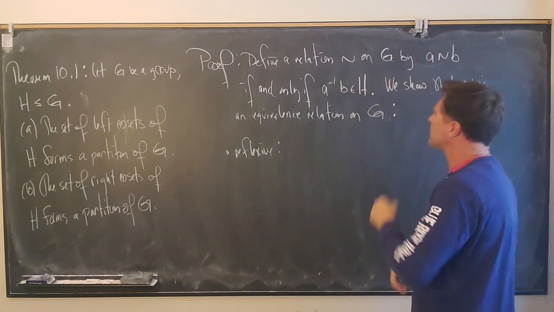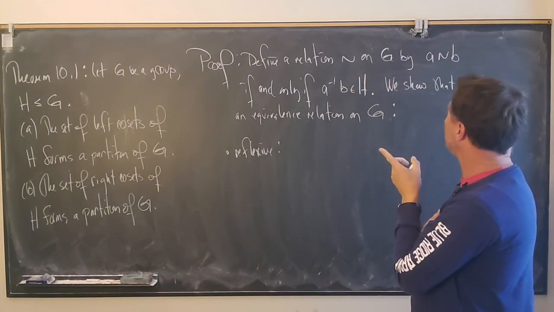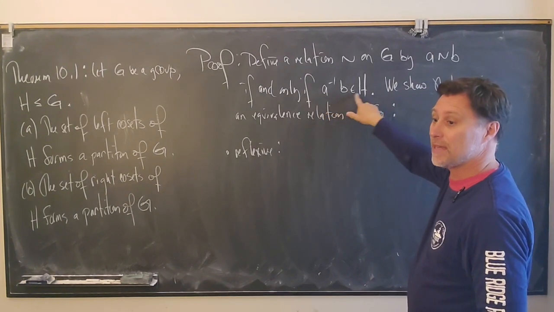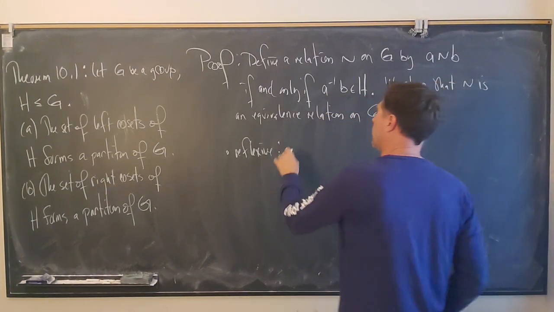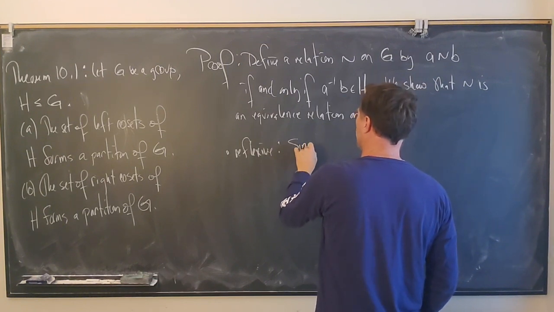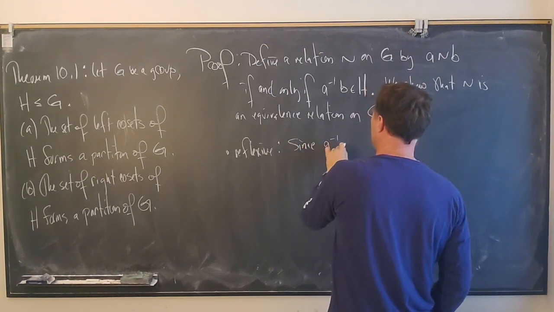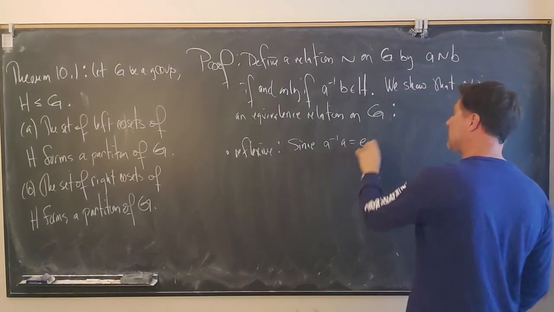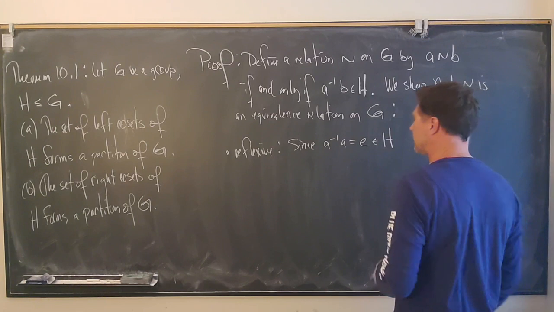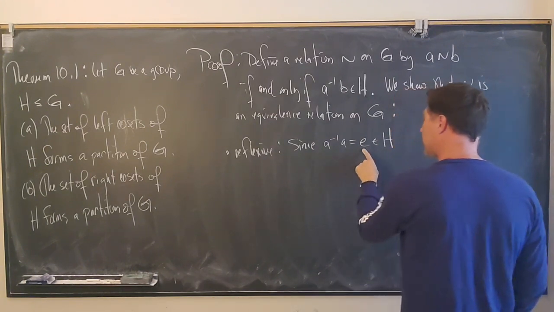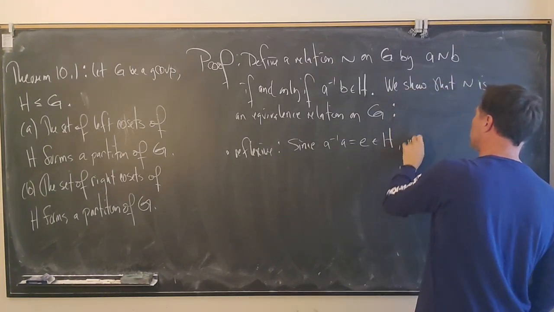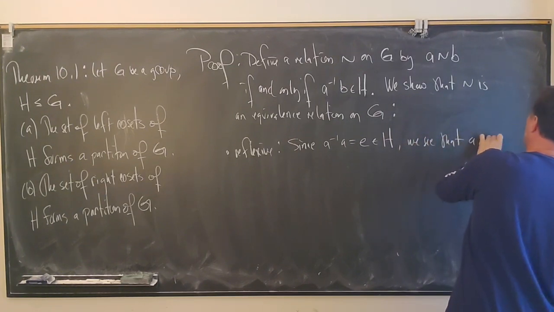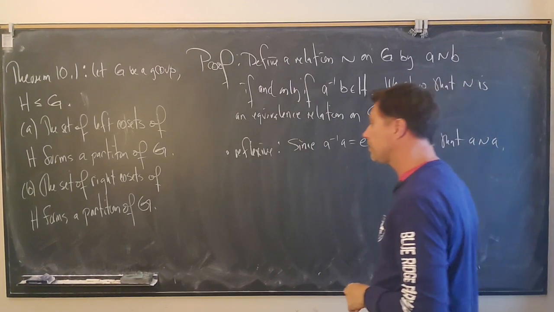Let's see, so reflexivity would mean that A is equivalent to A, and that's going to be true if and only if A inverse times A is an element of H. So since A inverse times A equals the identity, and H is a subgroup, so it definitely contains the identity. So since A times A inverse equals the identity, which is an element of H, we see that A tilde A, right? So A is related to A.